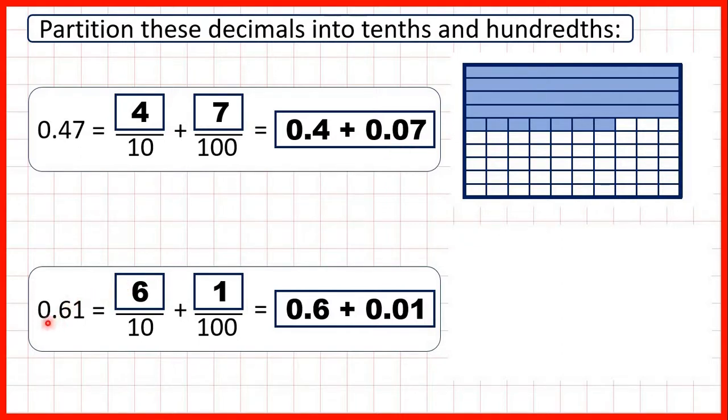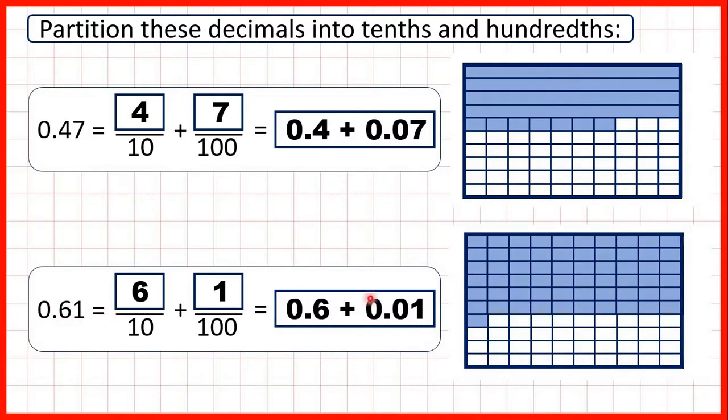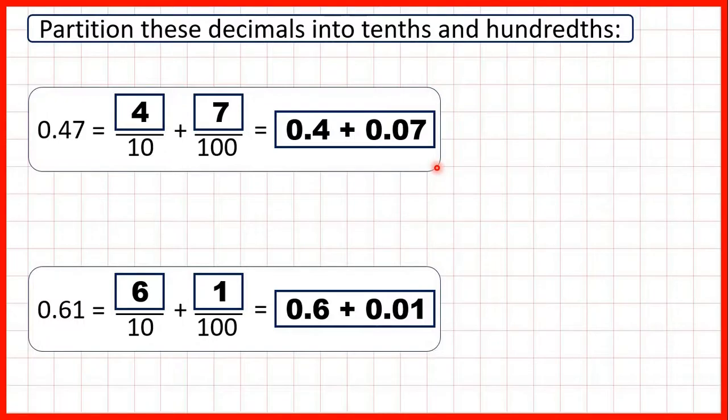Then we had 0.61, or 61 hundredths, but that's the same as 6 tenths and 1 hundredth, or 0.6 plus 0.01. We could also show the place value counters.